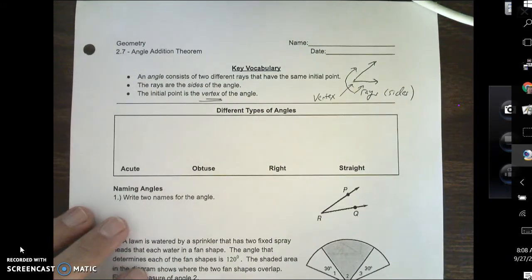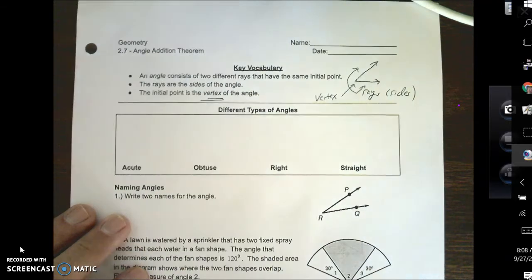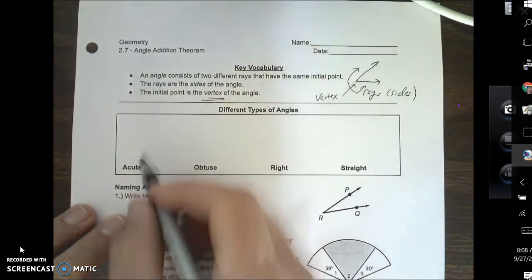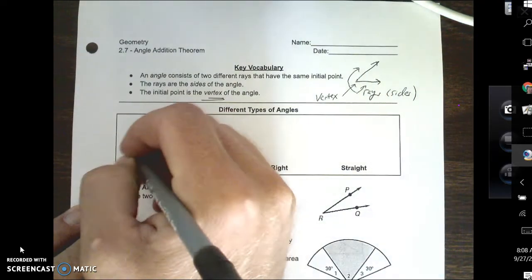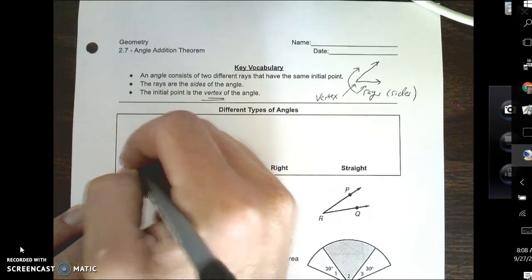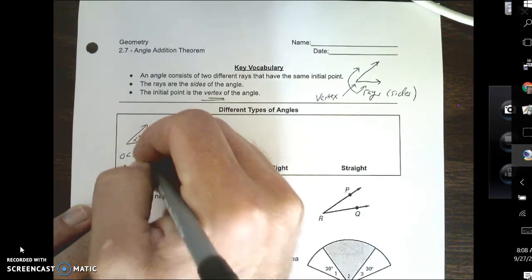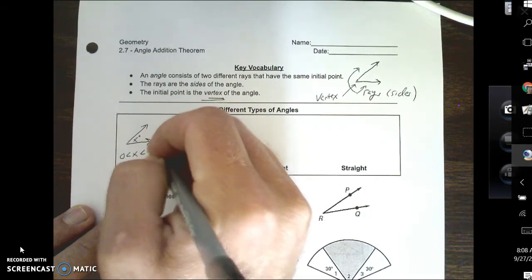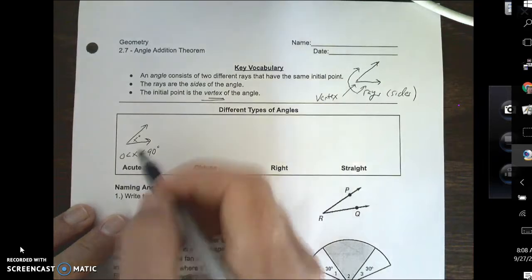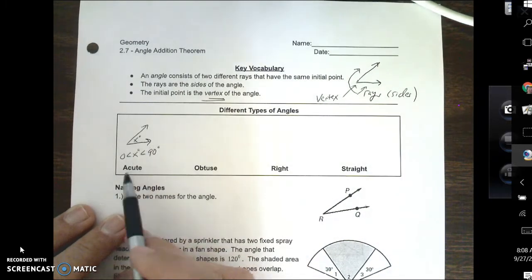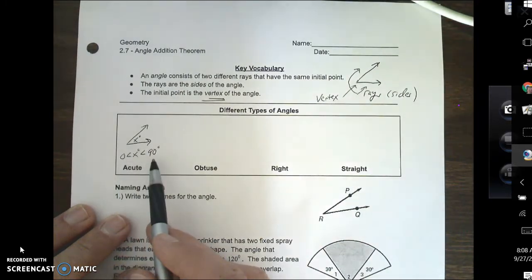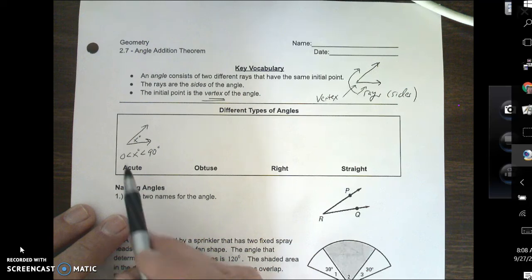Now, these types of angles you've all seen before. In fact, we've been talking about them in class already. An acute angle is an angle that is between 0 and 90. Okay? So I put a little X in here showing that it can be anything from 1 degree all the way to 89 degrees. You get the idea. It is not 0.